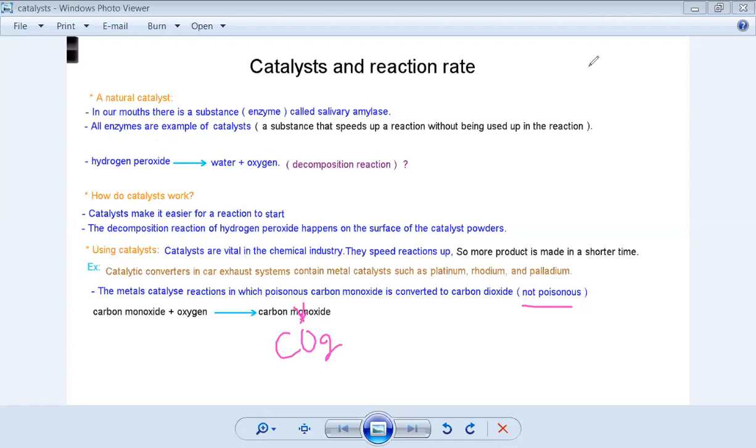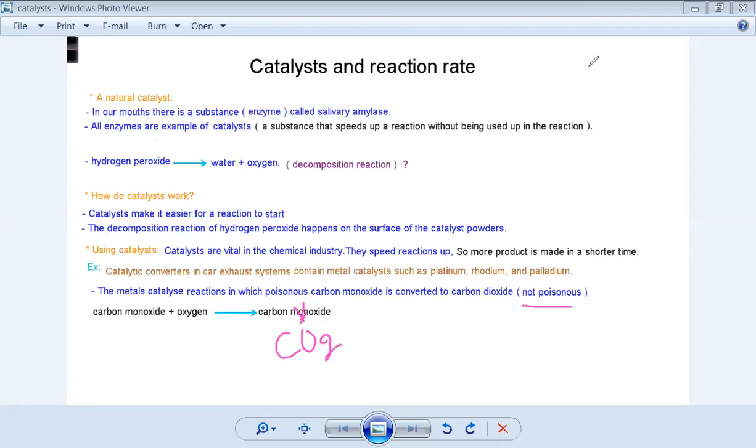We studied also how we can use the catalyst and why scientists use catalysts: because they want to speed up the reaction to get more products in less time. So it will be helpful for them in the industries.